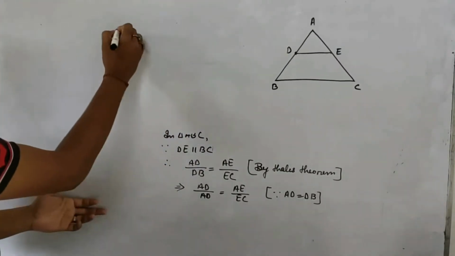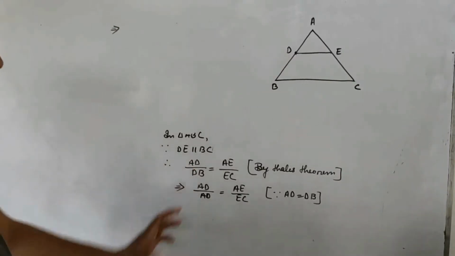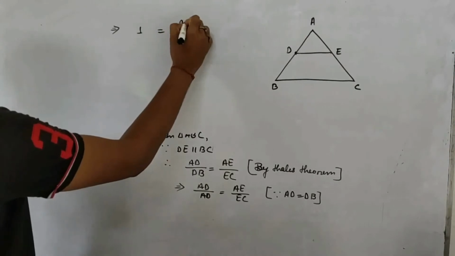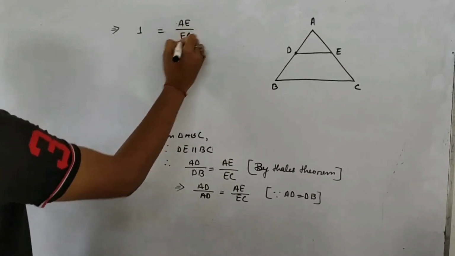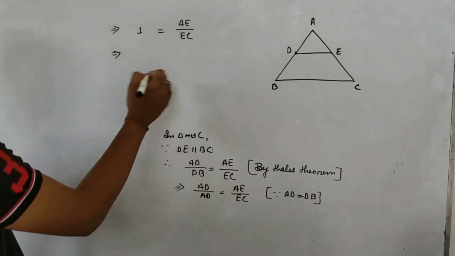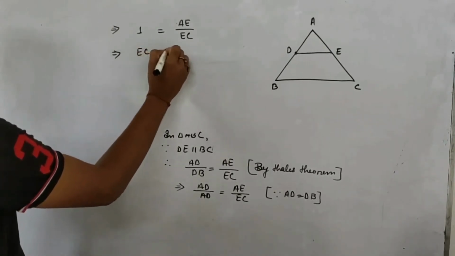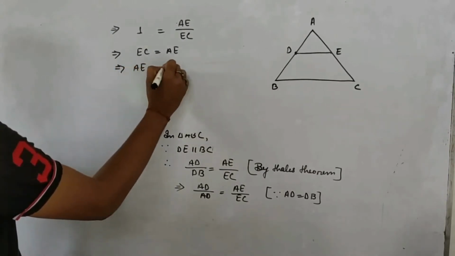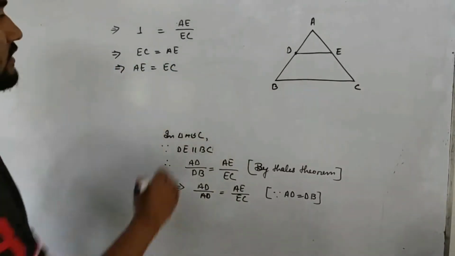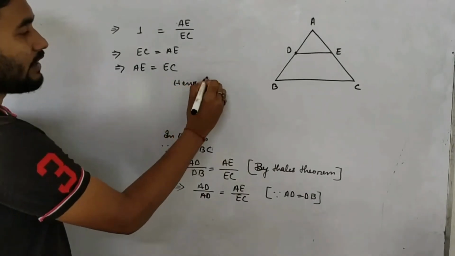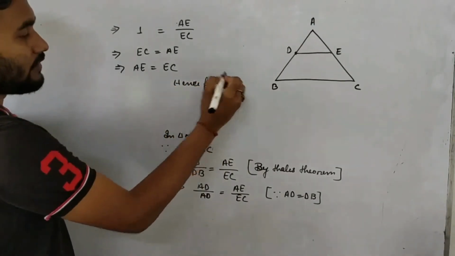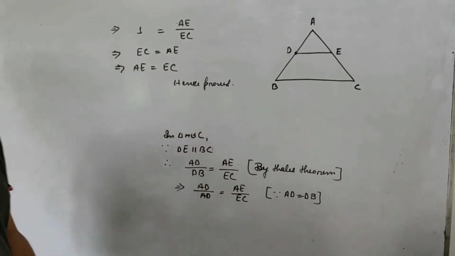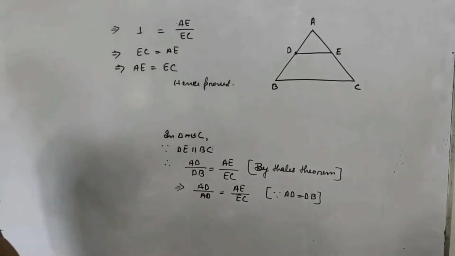Which implies AD by AD will get cancelled. It will become 1, which is equal to AE by EC. So cross multiply, what you will get? EC equal to AE, which implies AE equal to EC. So done, finished. Very simple proof. Hence proved. Only this one you take, this is already given, put, cross multiply, answer finished. Very easy question.